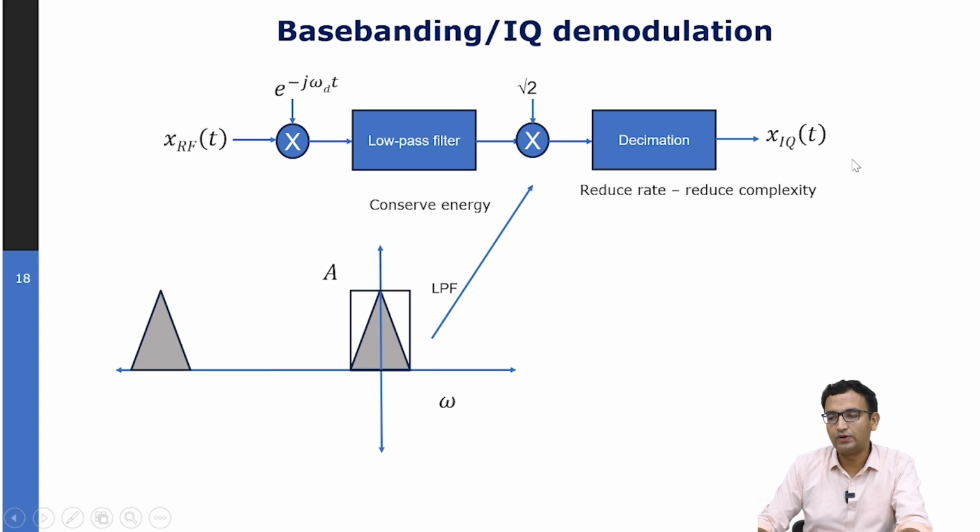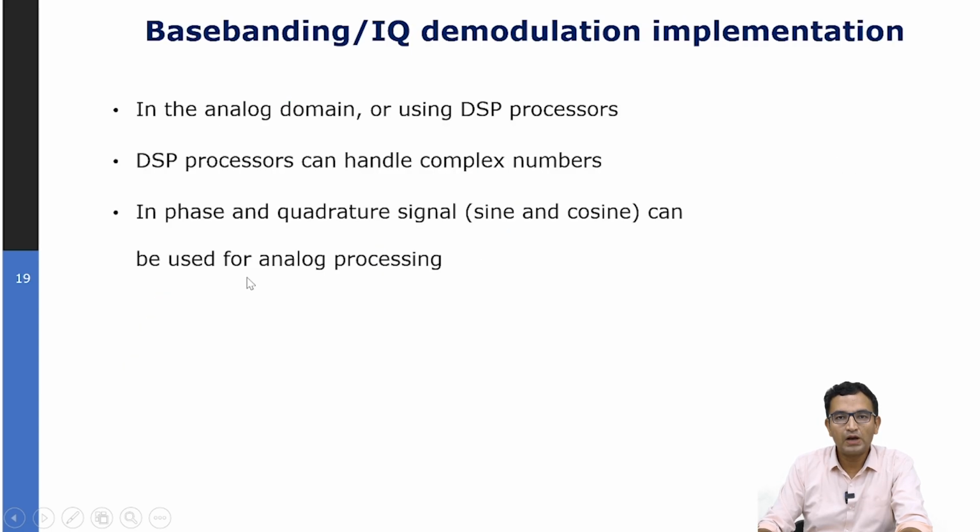it represents the IQ data. So now let's discuss how we are going to implement this IQ demodulation. It can be done either in the analog domain using hardware or using DSP processor chips. These DSP processing units can handle complex numbers easily.